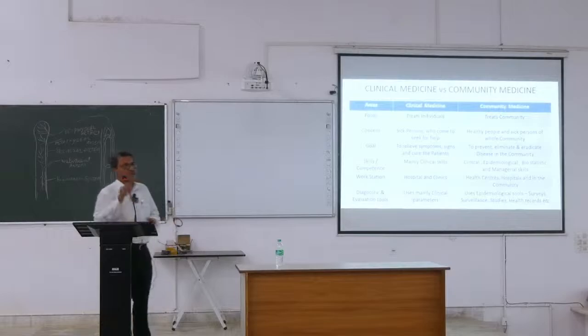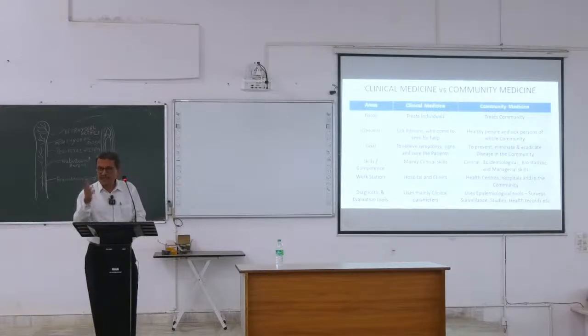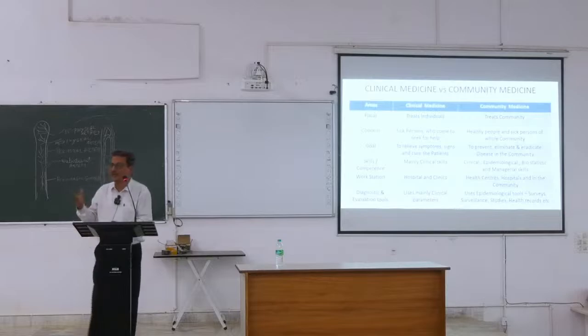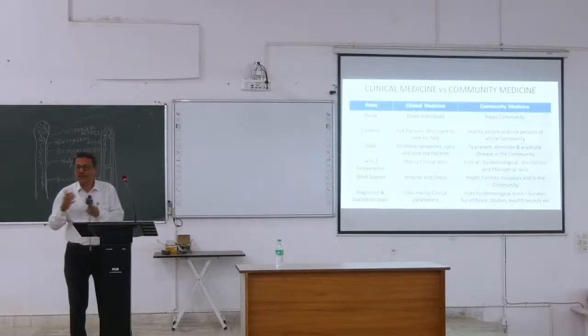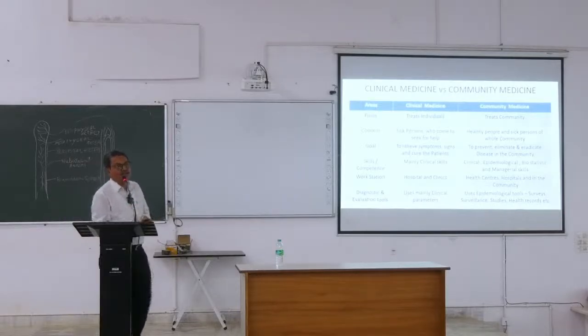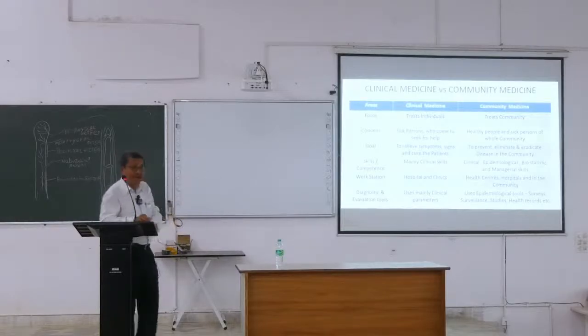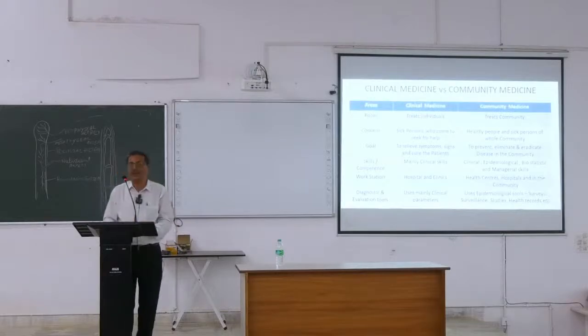Goal: the goal of clinical medicine is to relieve symptoms and signs and cure the patient. You are suffering from fever, some cardiovascular disease, diarrhea and other things, so you want to get rid of the symptoms and be cured. But the goal of community medicine is to prevent, eliminate and eradicate disease in the community.